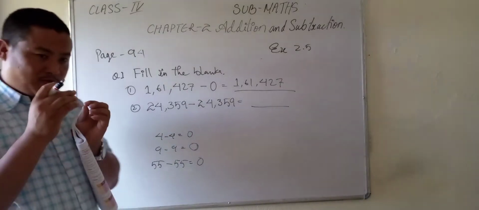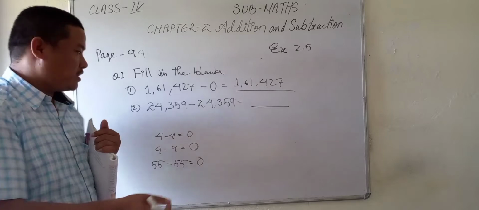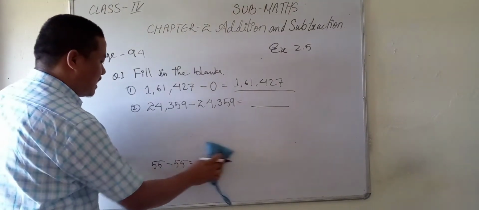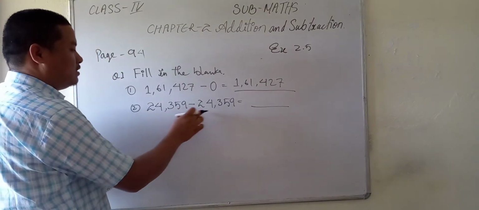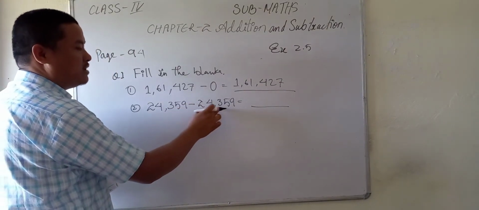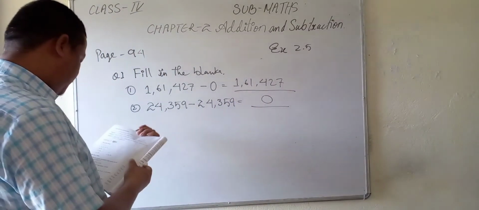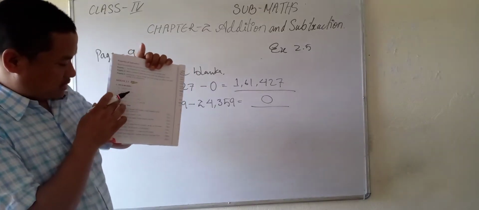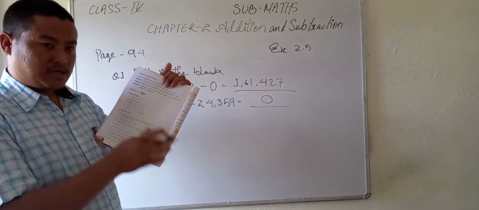When the same number is subtracted from each other, we'll get 0. Okay. So just see in question number 2, these both numbers are the same. So we'll get 0. Okay. So remaining these 3 questions C, D, E, you have to practice at home.